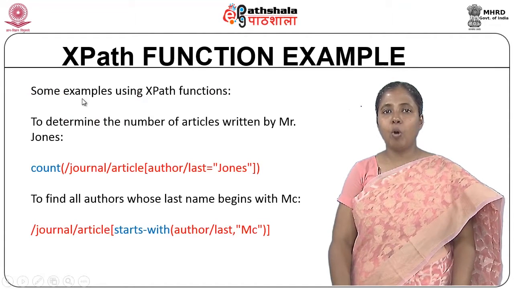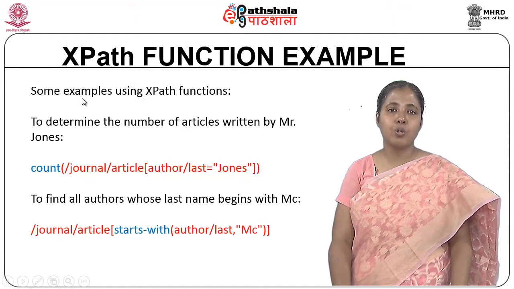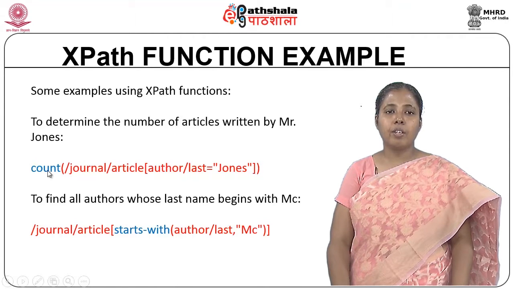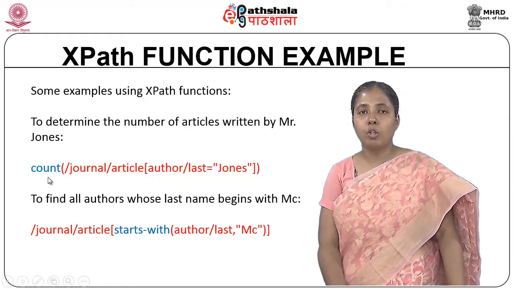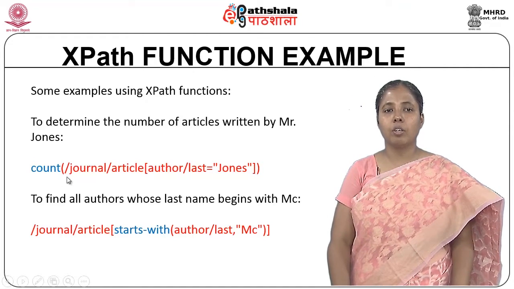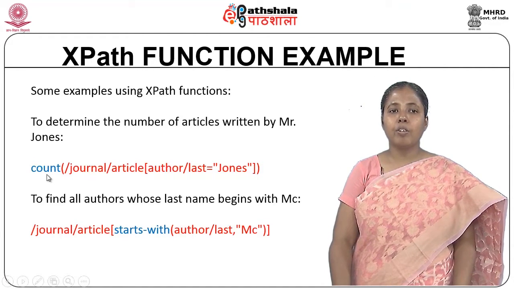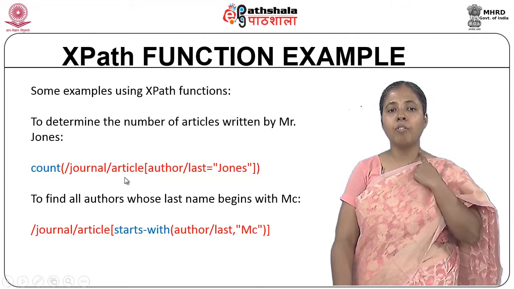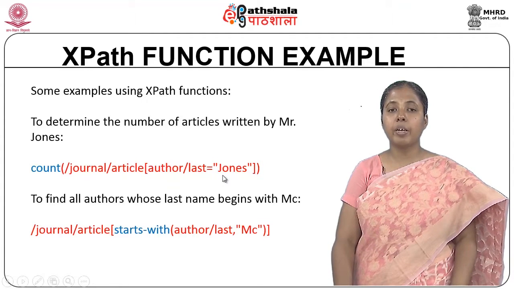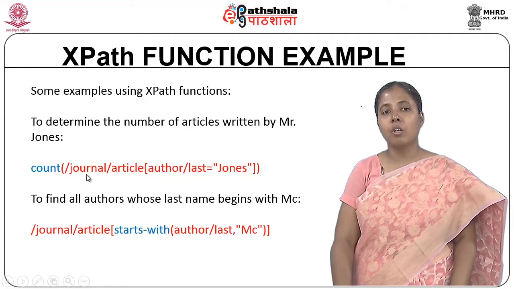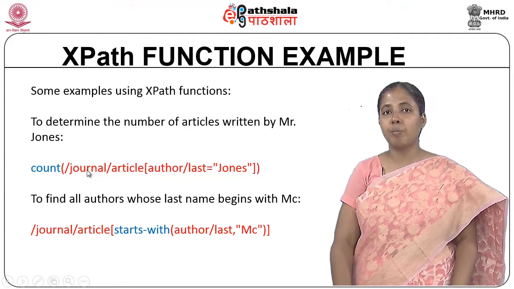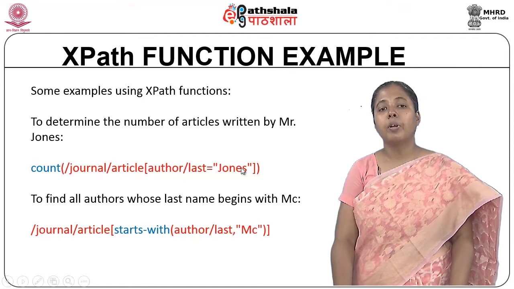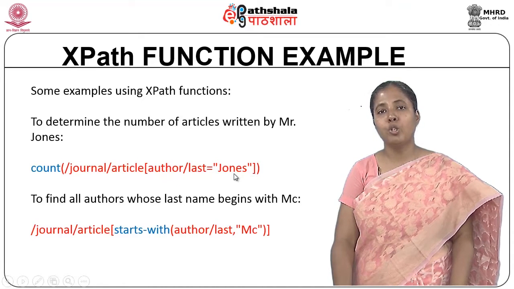Now, this is an example of how an XPath function is used. To determine the number of articles, we can use a function called count. Here you can see that it determines the number of articles returned for the person called Jones. So, it selects all the articles from the journal, that is the articles that come under this journal element, but the name of the author should be Jones.